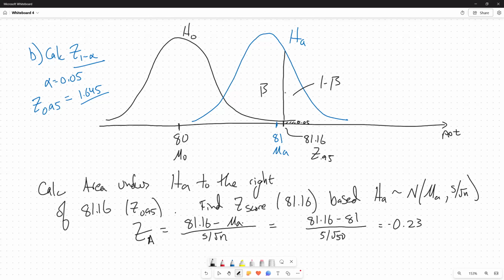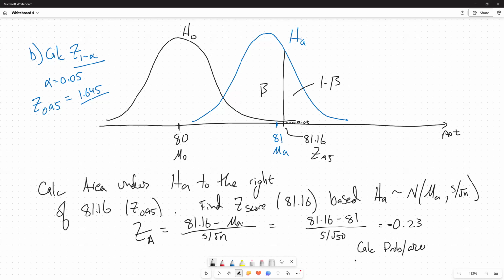Okay, so I didn't draw that correctly. It's actually going to be on this side of that distribution, so it's a negative z-score. And then if we put that in to calculate the probability or area to the right of negative 0.23, oh, you know, I got that wrong.